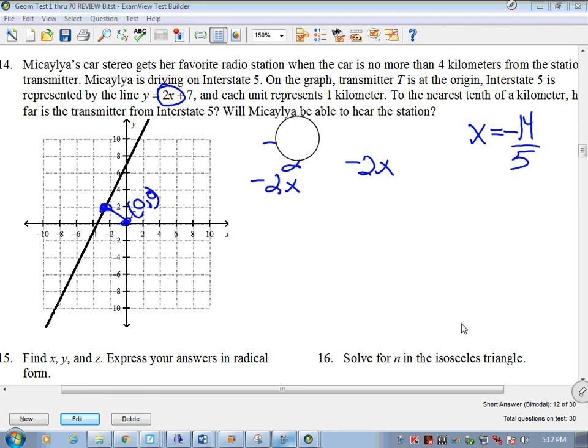Now, we still have to find a y coordinate in this. So all we have to do is take our original equation, which was y equals negative 1/2 x, and plug in negative 14/5 and see where their y value crosses at. So we have negative 1/2 times negative 14/5. I'll plug this up so you guys can actually see it.